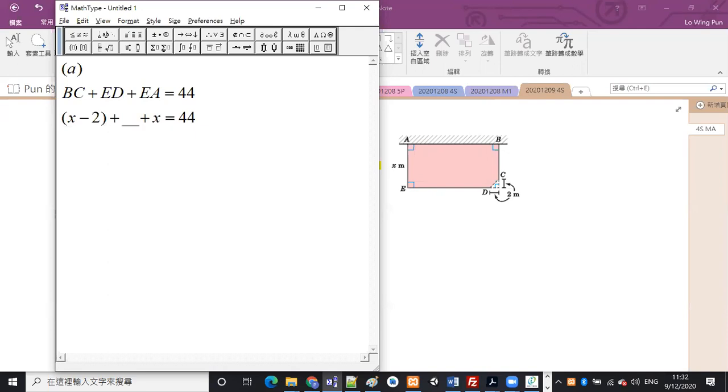OK。好啦，咁跟住 ED 就係我哋可以揾到嘅嘢啦。ED is what we can find in terms of X. Okay, so ED plus 2X minus 2 is equal to 44, which means that ED is equal to 46 minus 2X.